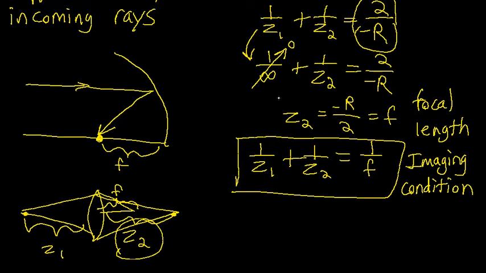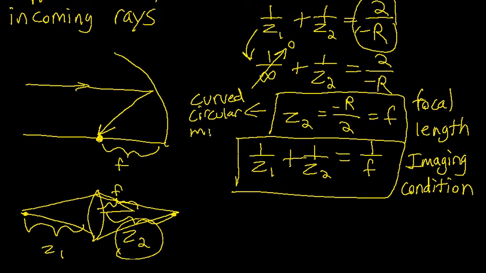It's also worth noting that when you have a spherical surface that reflects, this is the focal length for a curved circular mirror. This is the focal length for such a curved mirror like the one right here.